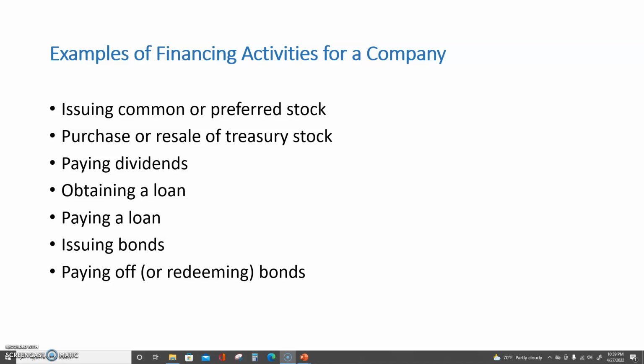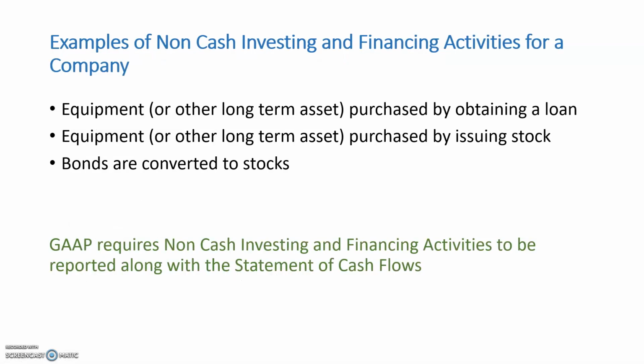We just looked at operating activities, investing activities, and financing activities for a company. There is one other section that we're going to look at next. We haven't really talked about it yet, but GAAP requires certain types of non-cash activities to be reported along with the statement of cash flows.